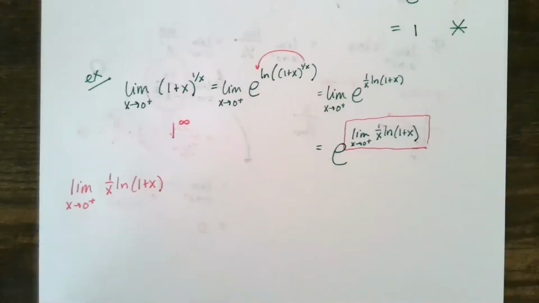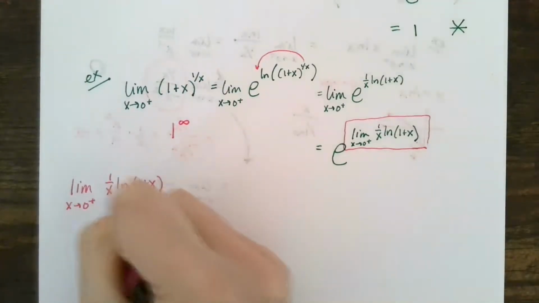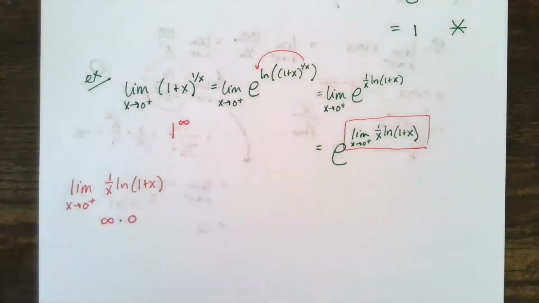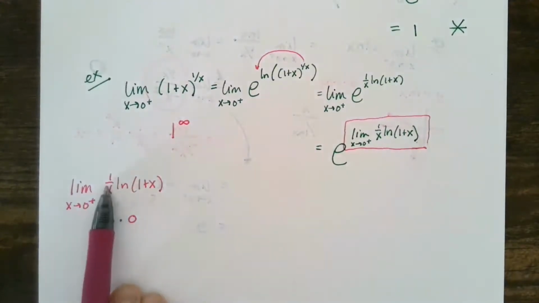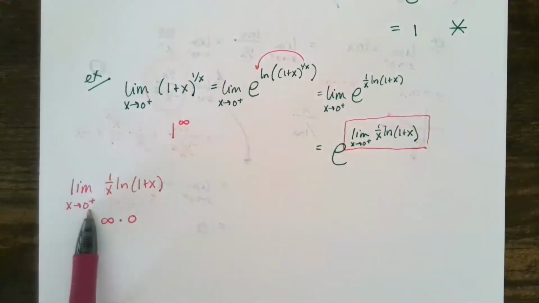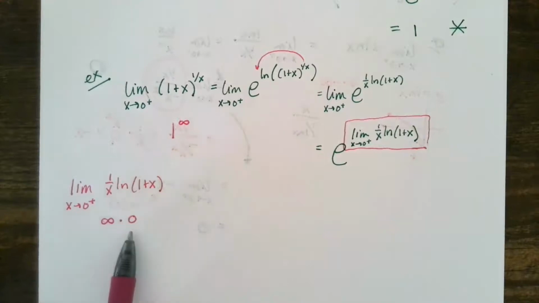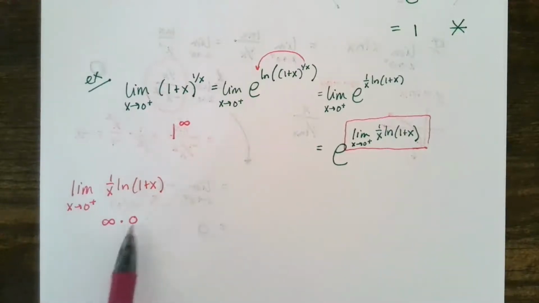Now, just like the example above, this isn't immediately in the format for L'Hopital's rule. As it is, this is an infinity times 0 limit. 1 over x goes to infinity with tiny denominators, and ln of 1 is equal to 0. So this is like that first special type of L'Hopital situation where we're going to rewrite it as a ratio, then do L'Hopital's rule.